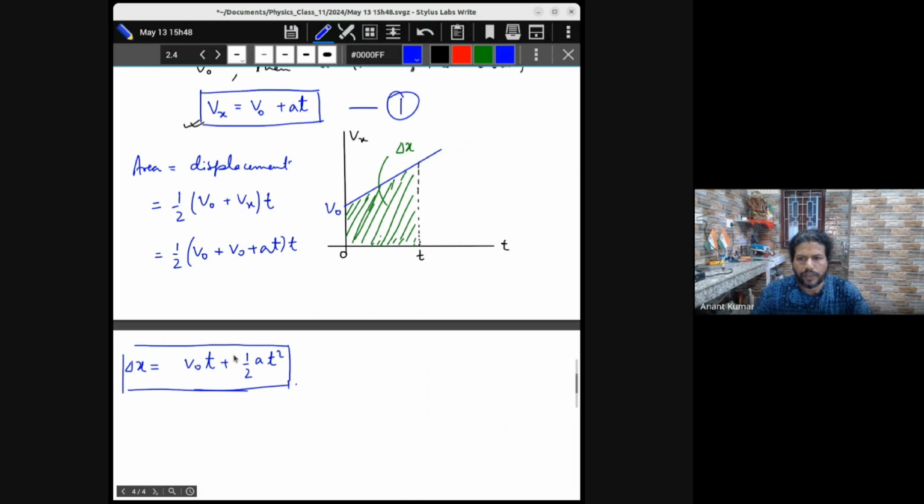Obviously, if I wanted the position of the object, then I need to know the initial position actually.